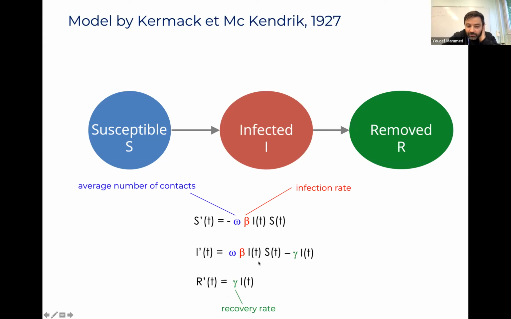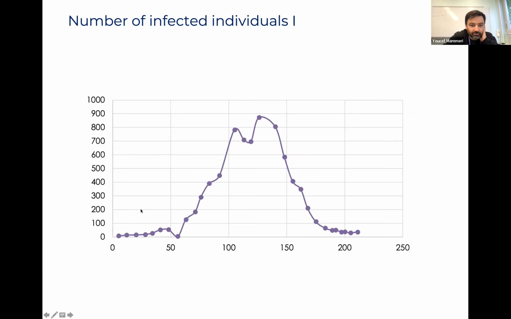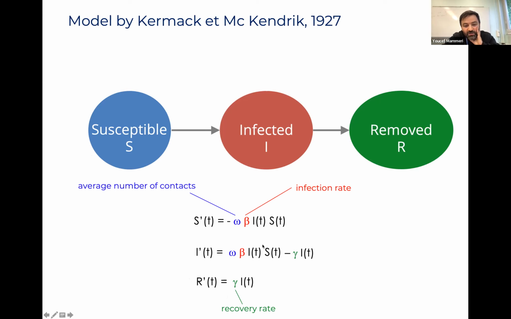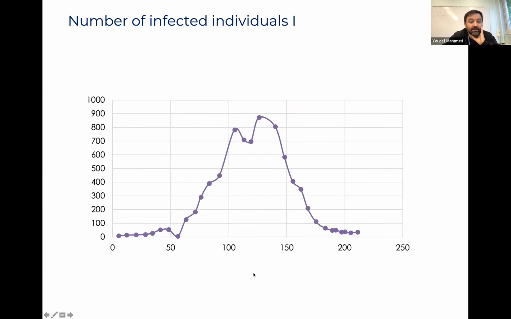You cannot try to simplify saying this is constant. But if you look for the solution of this system, you have three equations. So you have I multiplied by S minus I. And you can find solutions that behave like that. This is a bell curve, which looks like the exact data.